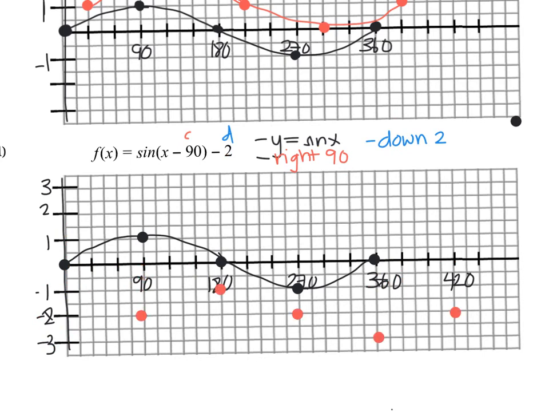So here is what it should look like. We're going to connect it. So our final point to check should be at 420 and -2. And our first point should be at 90 and -2. And we're done.